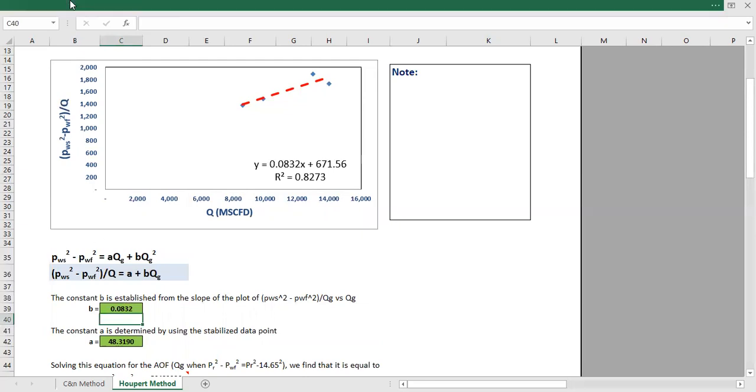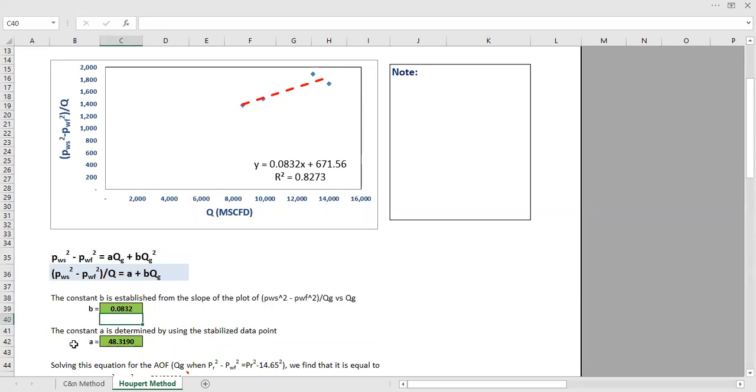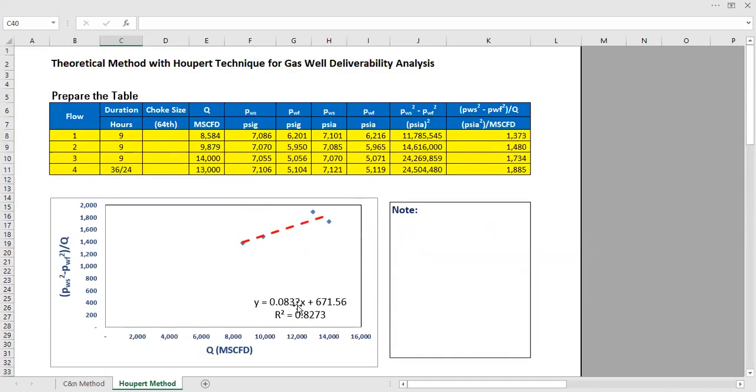All right, and for the A part, the constant A is determined by using the stabilized data point. And the stabilized data point is actually this one, the flow rate of 13,000. This one, okay?